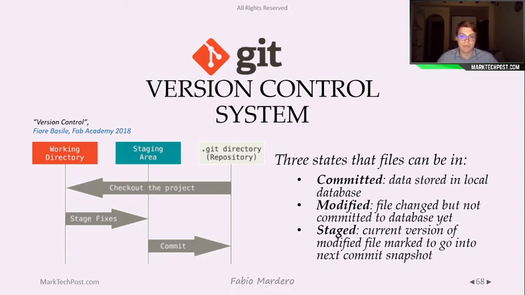So in Git, there are 3 states that files can have: the committed state, the modified, and the staged. We are in our working directory, and a staged file means that the current version of the modified file has been marked to go into the next commit snapshot.